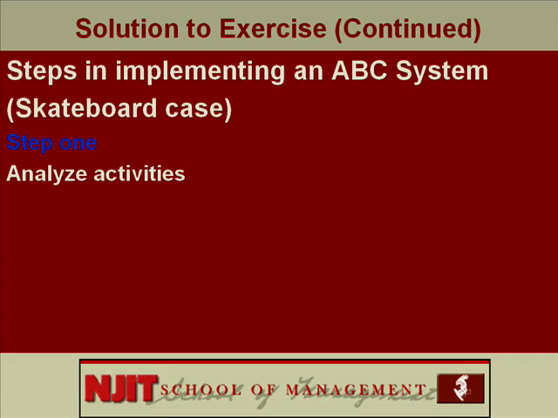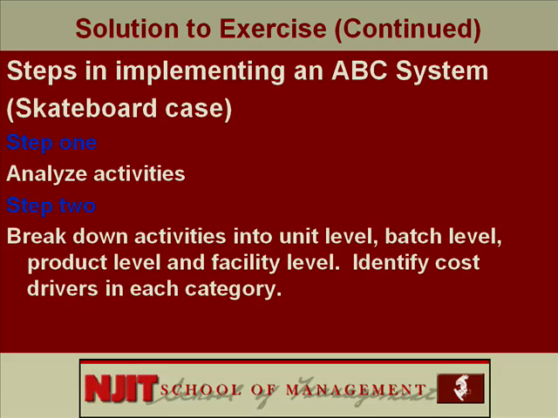Step 2. I want you to categorize each activity in step 1 as either unit level, batch level, product level, and facility level. And for each, identify the cost driver. The cost driver is a factor that drives the cost.